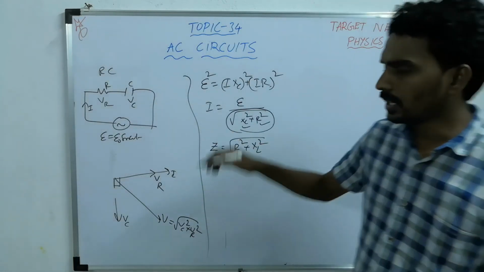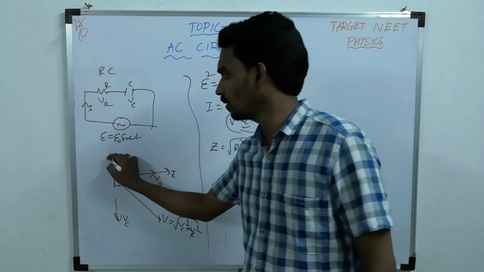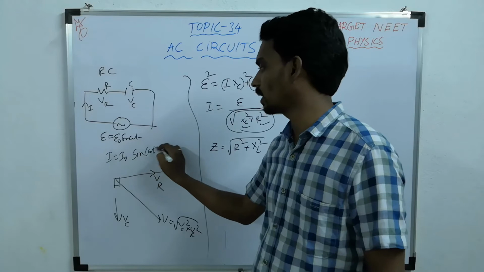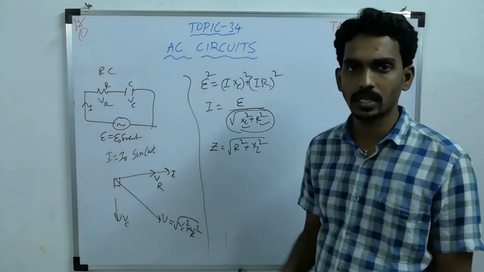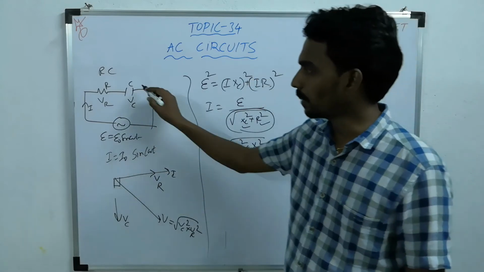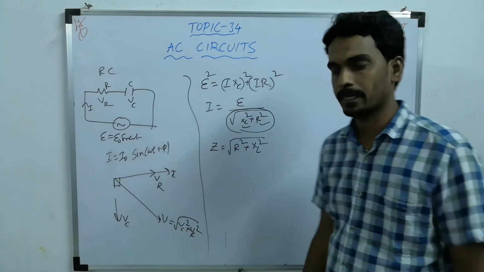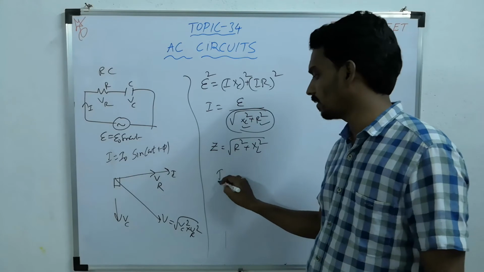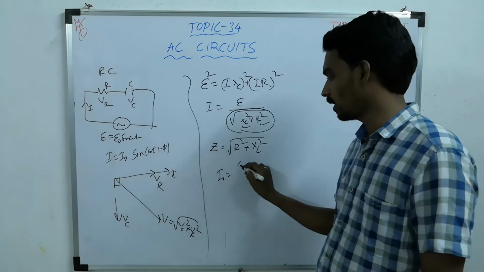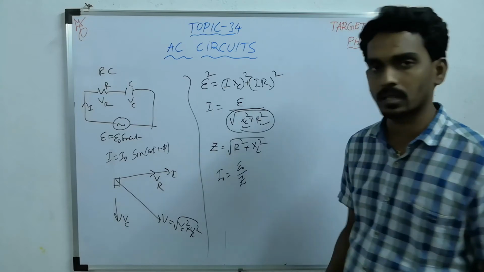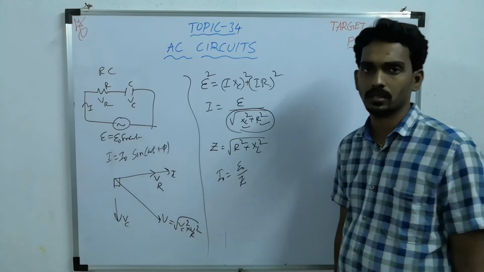Now, in every AC circuit, the current will come in this form: an amplitude times sin omega t plus or minus phi. There is a phase difference. Here a capacitor is there, meaning current leads, so plus phi will come. And what is I naught? In every case, I naught is epsilon naught by the resultant resistance. What is the resultant resistance in this circuit? Z, the impedance.